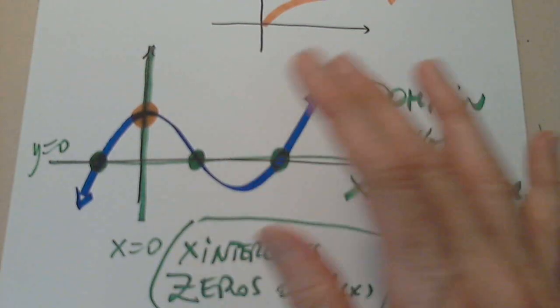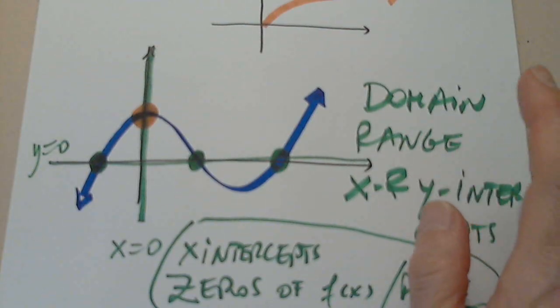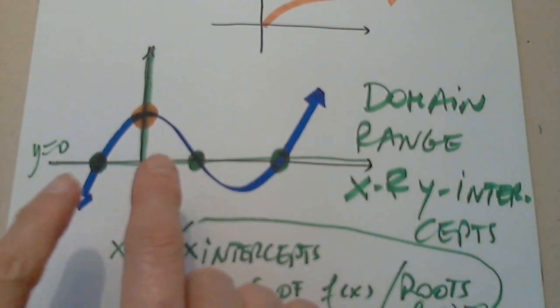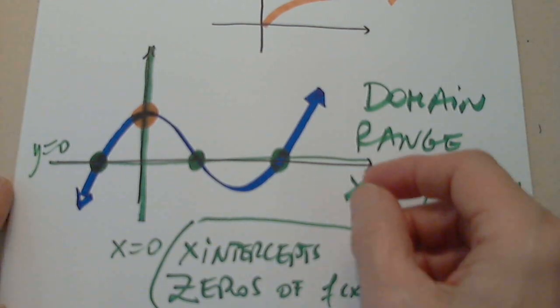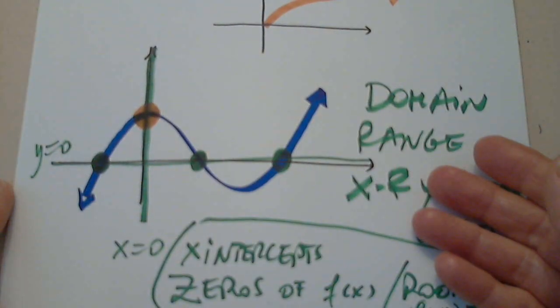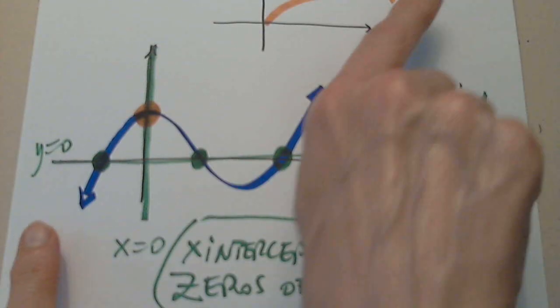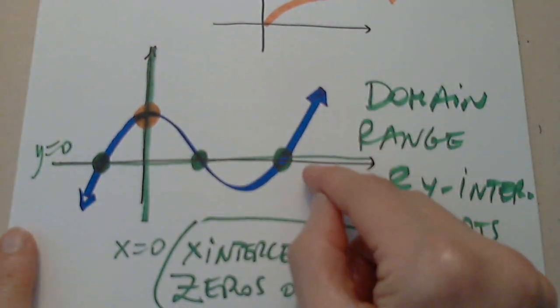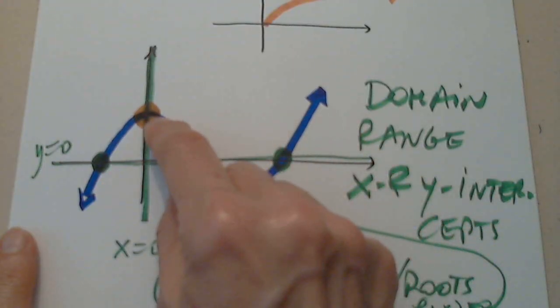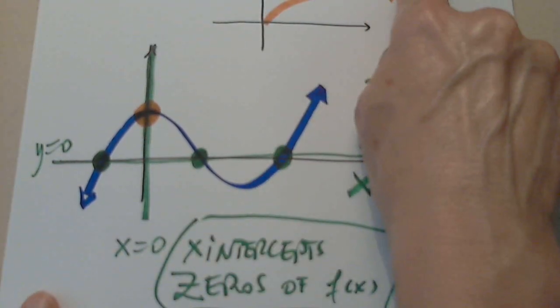How do I find for this function the domain and range? What does domain mean again? The values of x for which the function exists. Exists for everything because of the arrows. It will go on forever. For any x value, I will find the y value. And the same thing for the range.